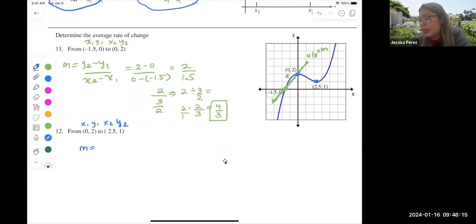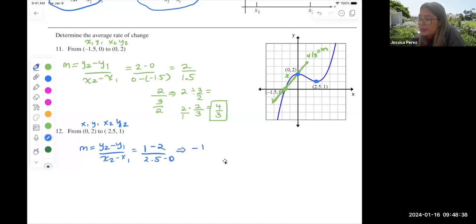Follow my slope, which says y2 minus y1 over x2 minus x1, the change in y over the change in x. Since my line is going down, we want to show it's negative. So what's y2? That's 1 minus 2 over 2.5 minus 0. So we get negative 1 over 2.5.